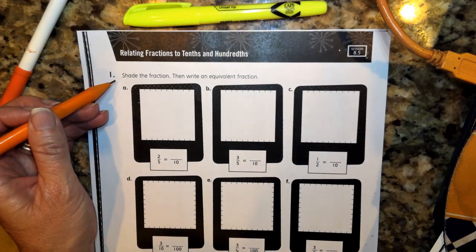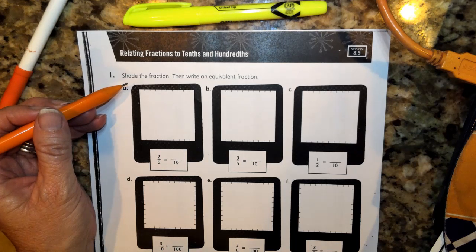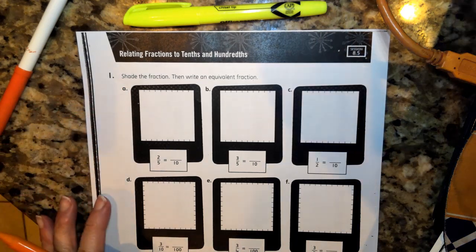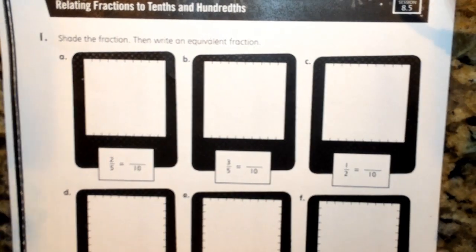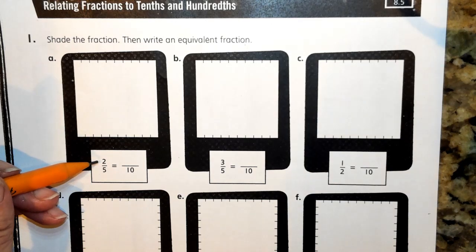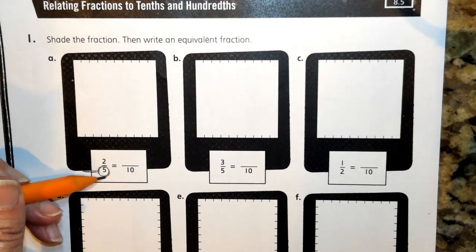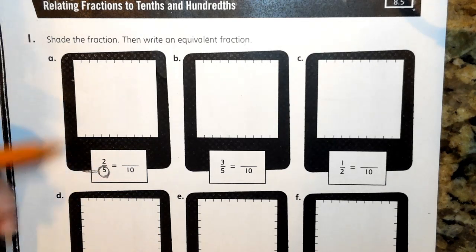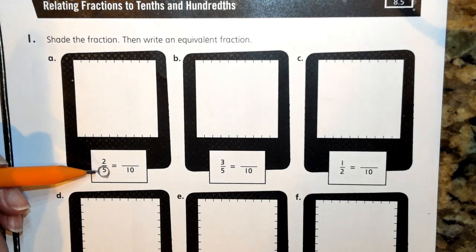So when I read the directions, it says shade the fraction, then write an equivalent fraction. The first thing that I want to do is observe my denominator here. I can see that we have the fraction 2/5. So I'm going to circle the 5, and I want to think about cutting this picture into 5 equal parts.